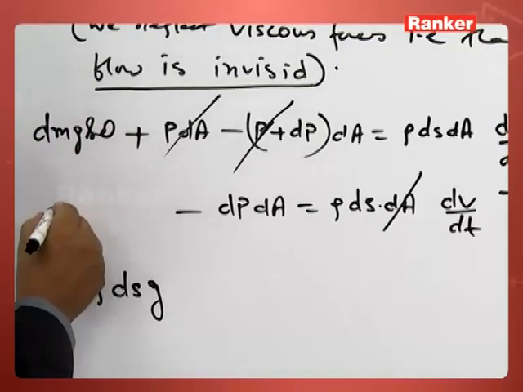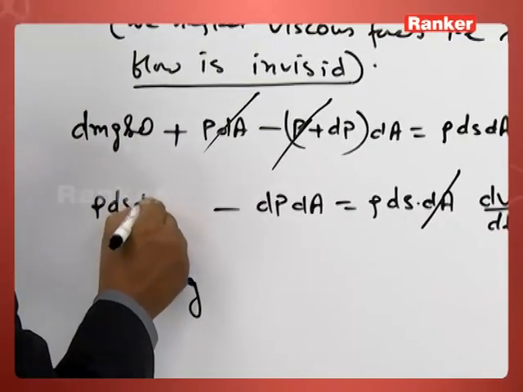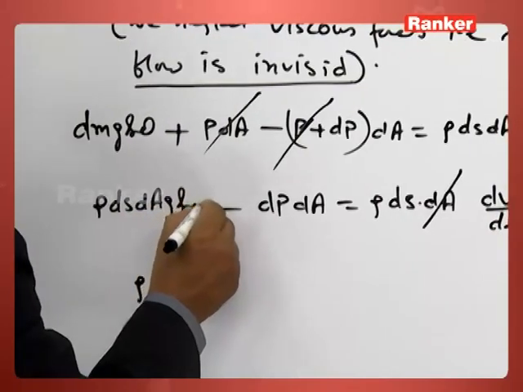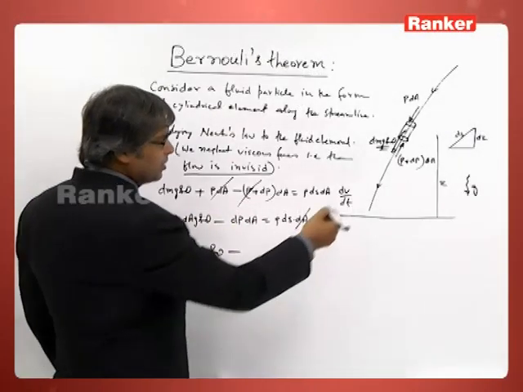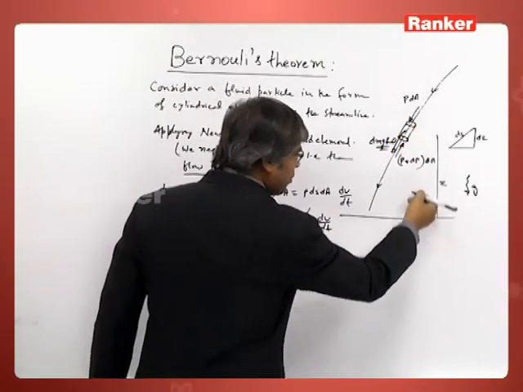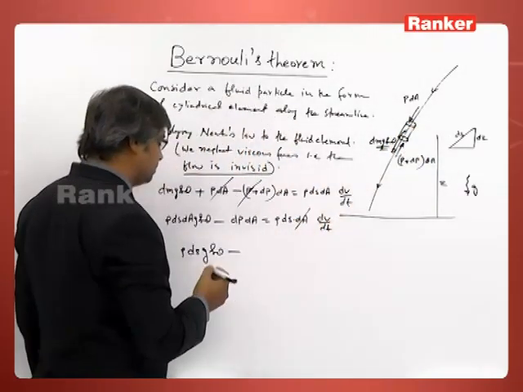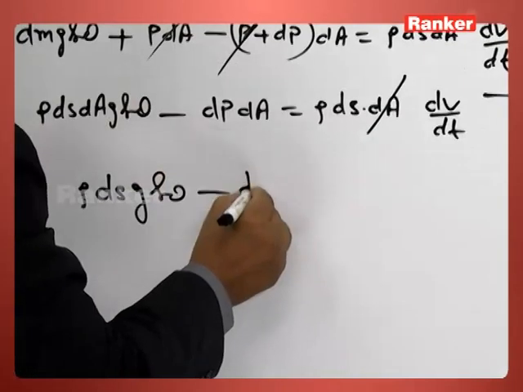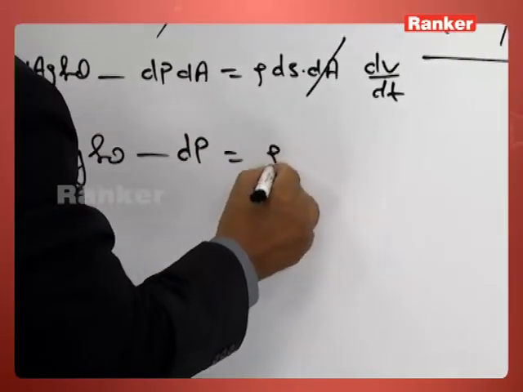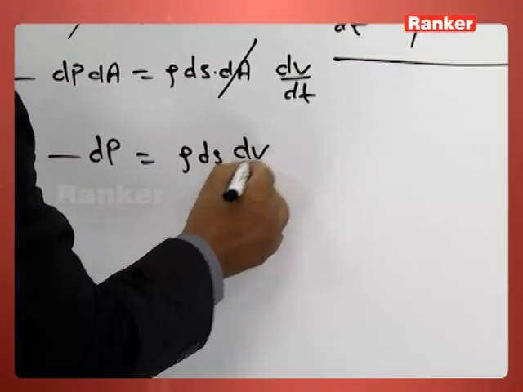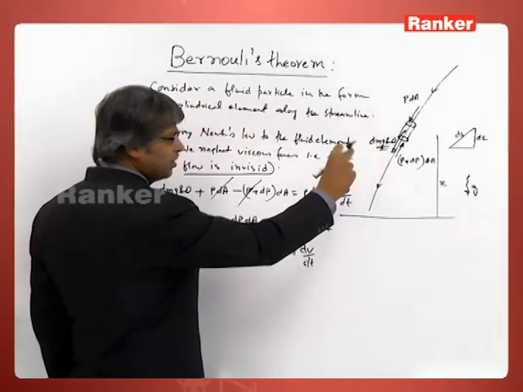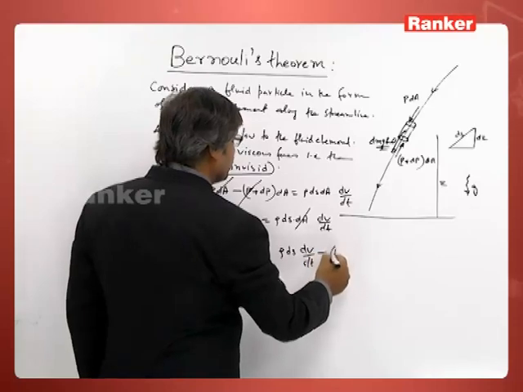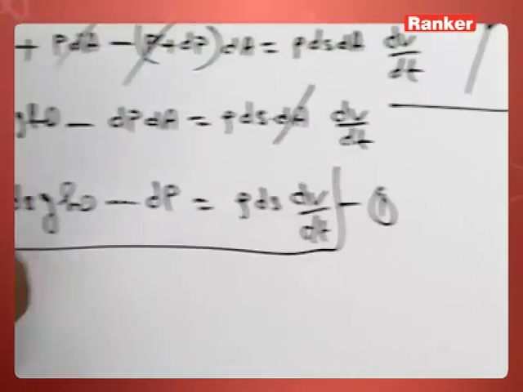So here rho ds dA g sin theta, minus dp, is rho ds dA into dv by dt. We should be very careful with the components. So this is equation number 1.